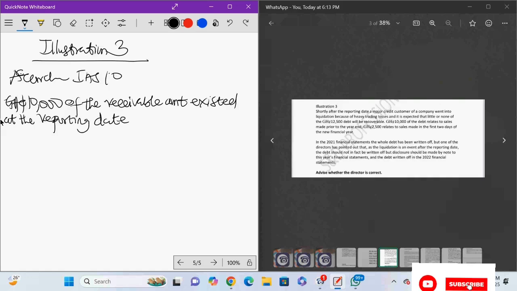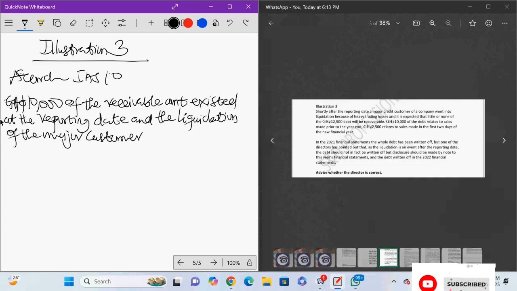The 10,000 existed at the reporting date, and the liquidation of the major customer provides more information about the receivable.